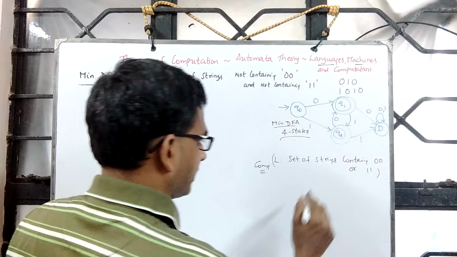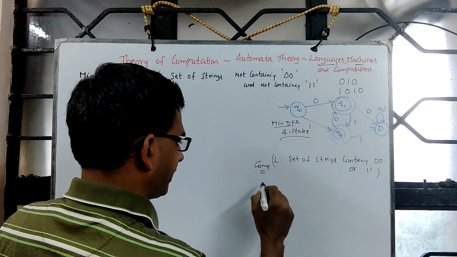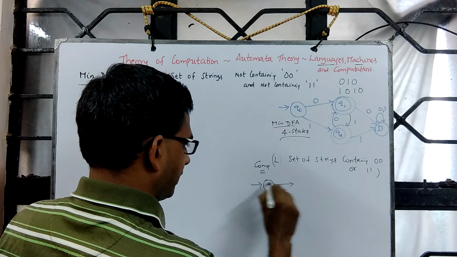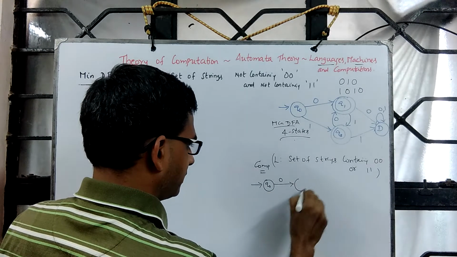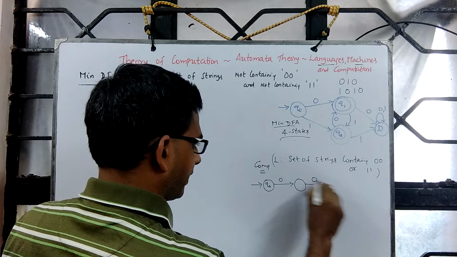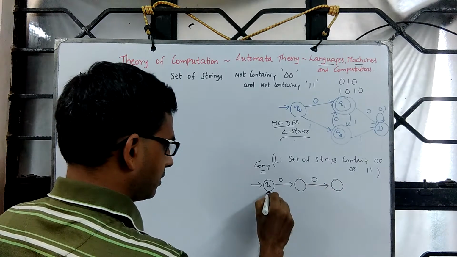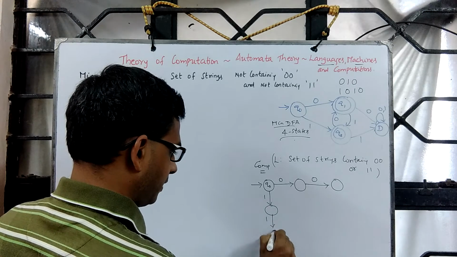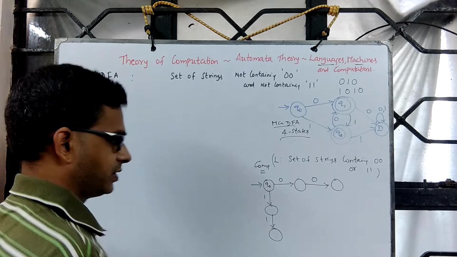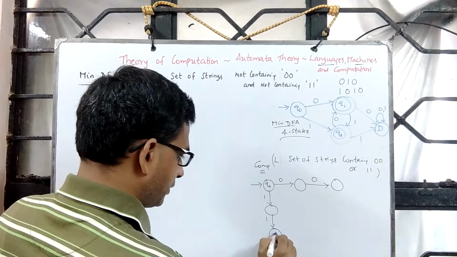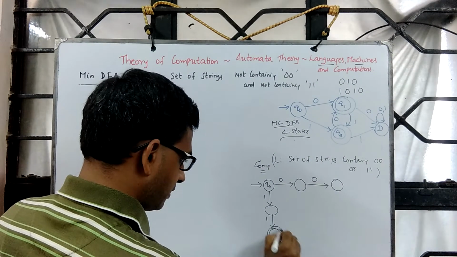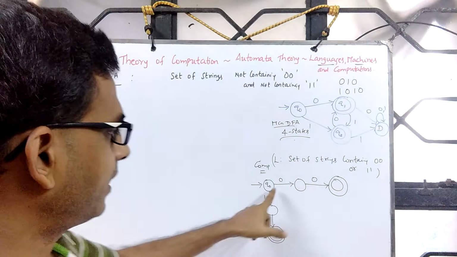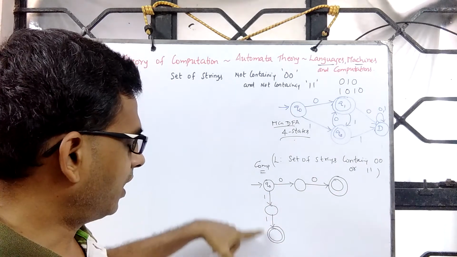So let's construct the automaton containing 0 0 and then take the complement. We start here and read a 0 followed by a 0, we reach this, or we read a 1, we read a 1, we reach this. Let's assume if this is final, then we would have accepted 0 0 or 1 1.